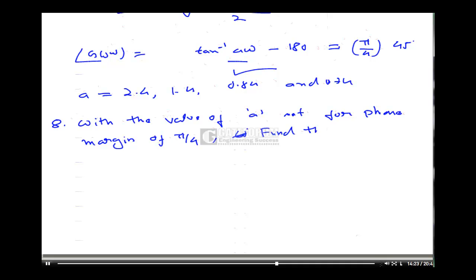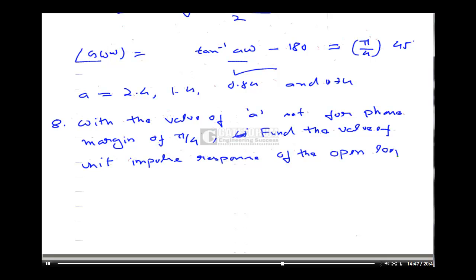Find the value of the unit impulse response of the open loop system at t equal to 1 second.